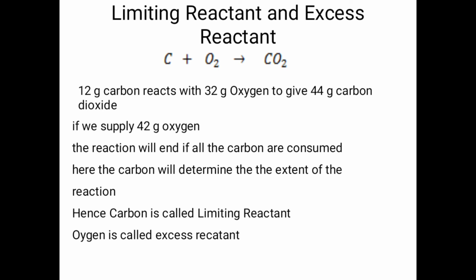I hope all of you understood the concept of the stoichiometric principle. What is the stoichiometric equation? What is the relationship between reactant and product? Then how to write the material balance for calculating the quantity of material flowing into or out of the system.